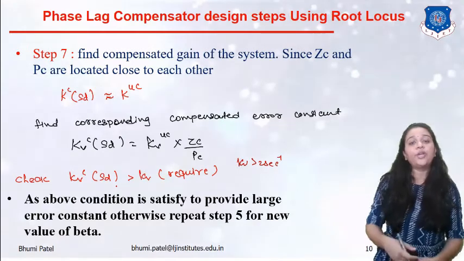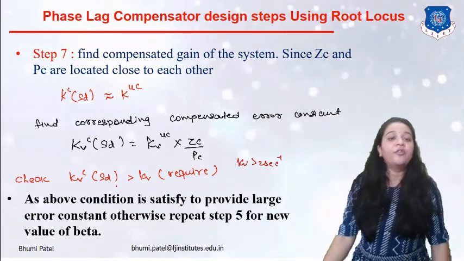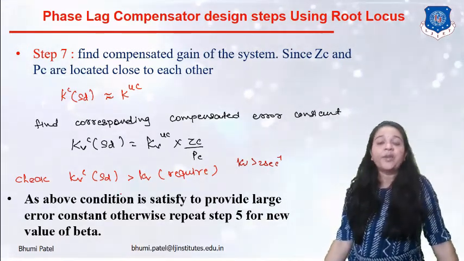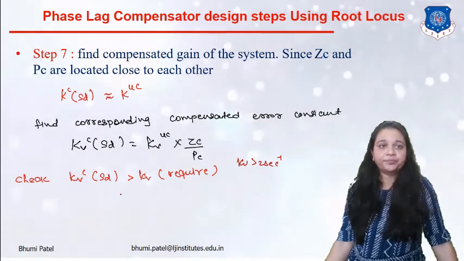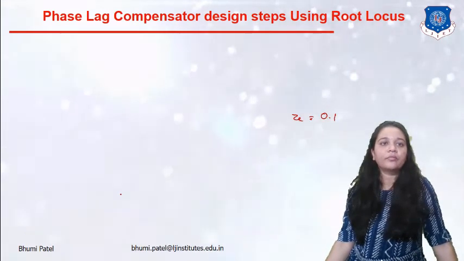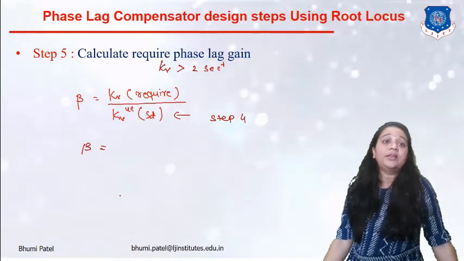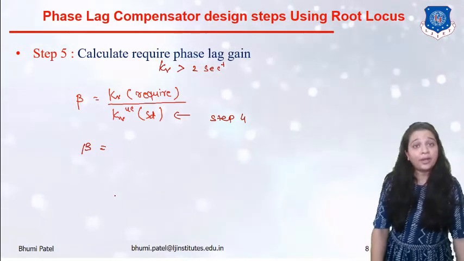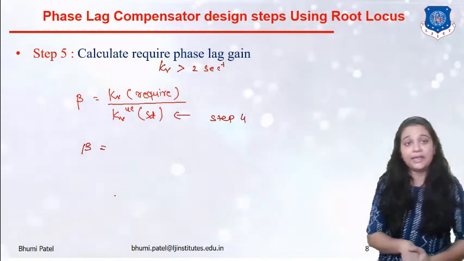Otherwise, we have to repeat step number 5 for a new value of beta. And what is step number 5? In step number 5, we calculate the required phase lag gain.